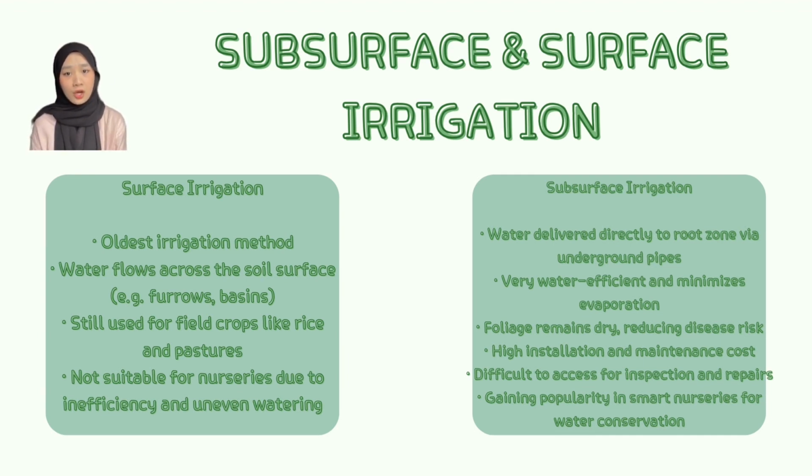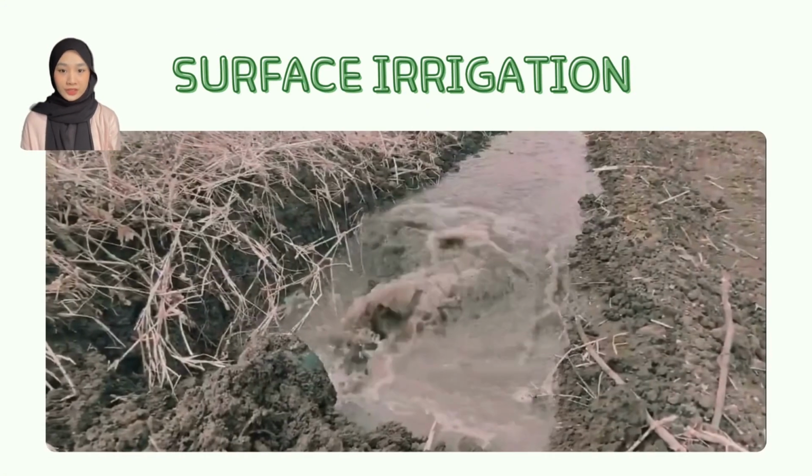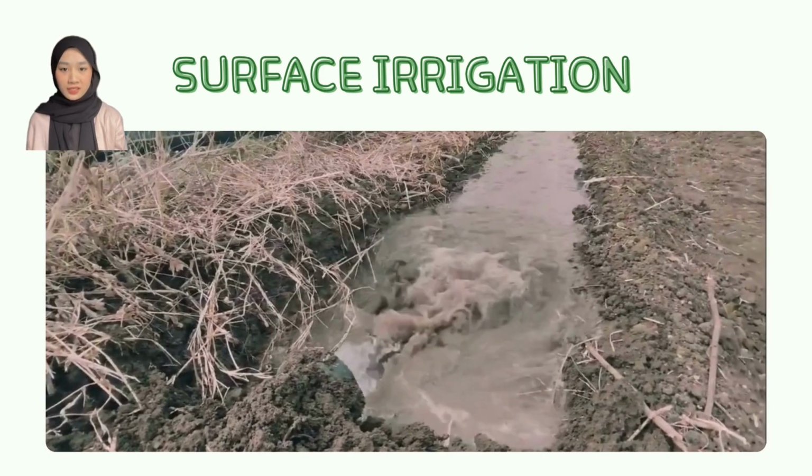However, the cost of installation and maintenance is quite high, and once it's installed, it's difficult to repair or inspect. Both of these systems are less common in nurseries, but subsurface irrigation is gaining attention, especially in smart nursery setups that prioritize water conservation. First, let's look at surface irrigation.